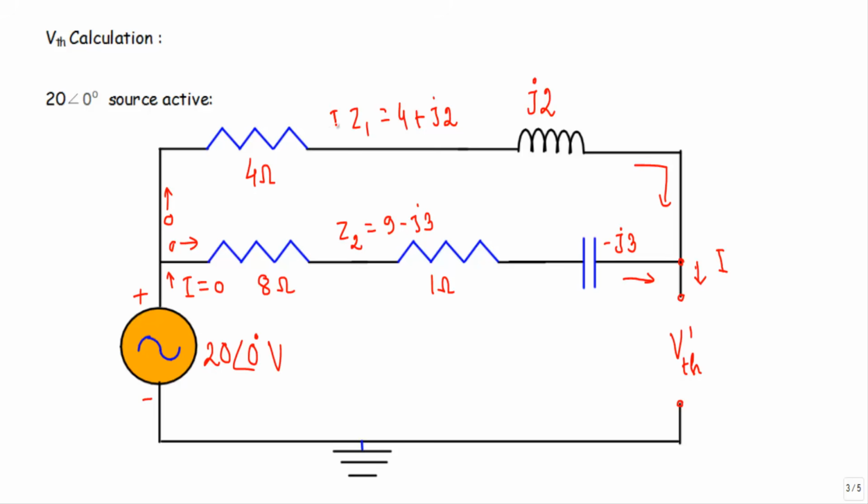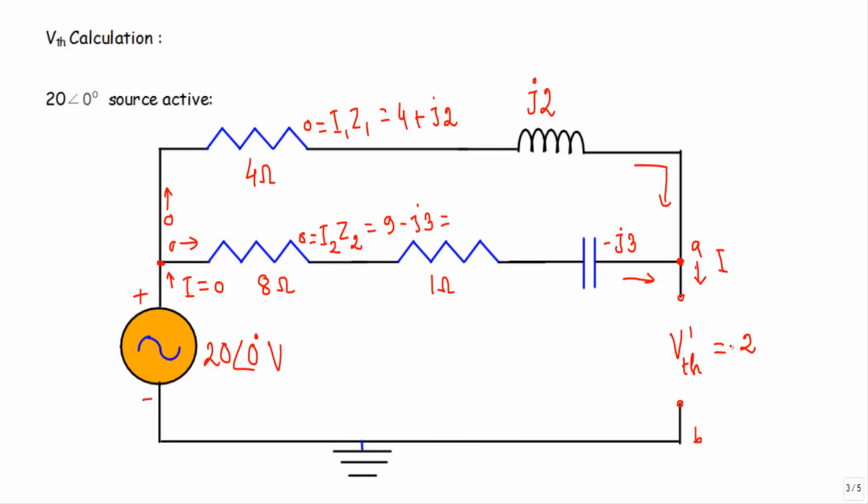Therefore, I1Z1 will be equal to 0 and I2Z2 will also be equal to 0. So you will see there will be no voltage drop from this point to this point. Therefore, you will see this 20 phase angle 0 degree voltage will appear across this A and B terminals.